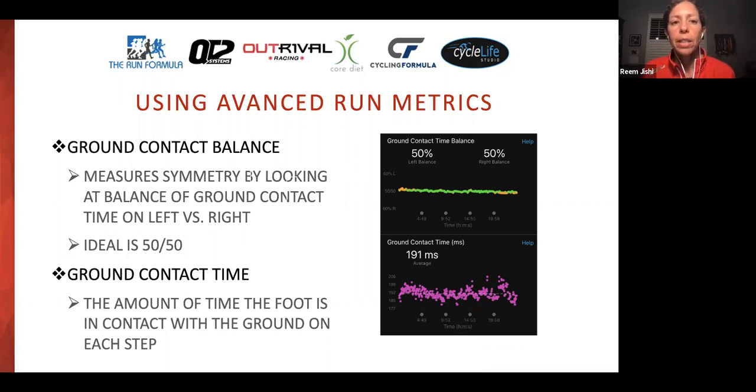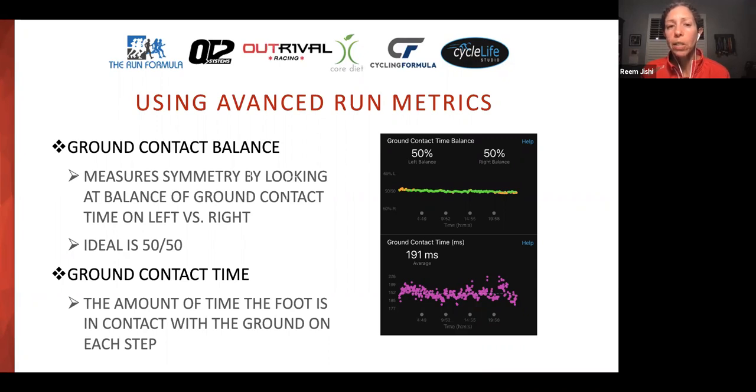And then the ground contact balance looks at right to left, and you want that 50-50. That's what you're aiming for. That's clearly ideal. If you go through and you see those numbers and they're telling you like 47, 53, you are probably injured. You may not know it yet, you may not feel it yet, but you're probably injured. So if you start seeing a lot of imbalances, the first thing that I do is take a look at my shoes and see if I'm starting to wear them a little differently, and just be more aware of what's going on.